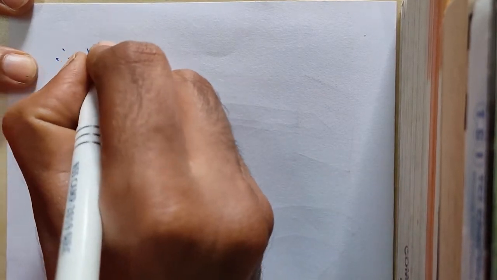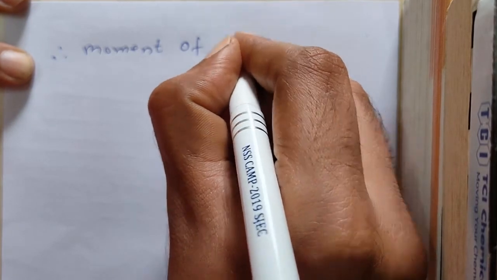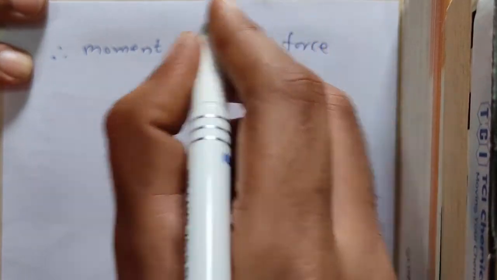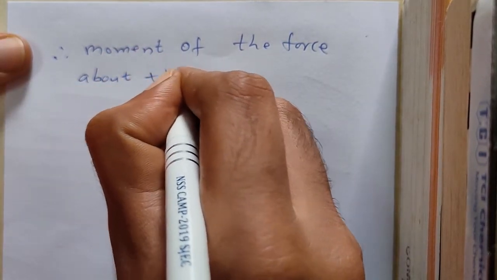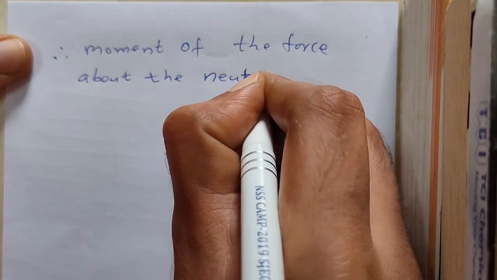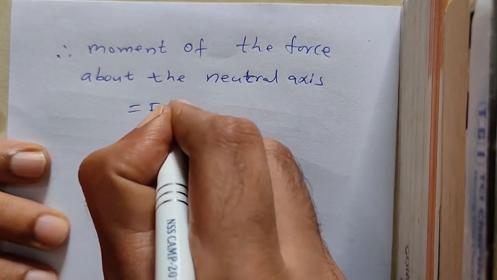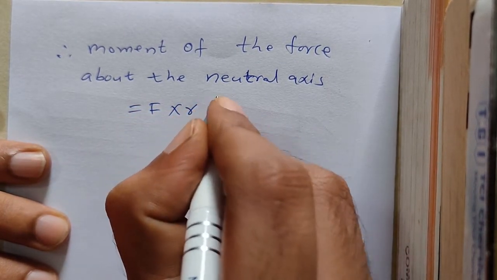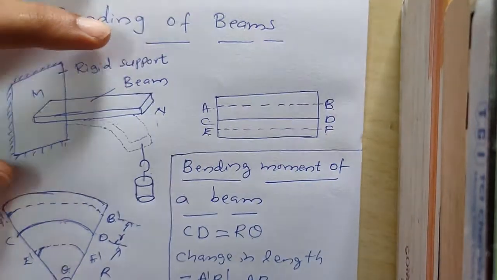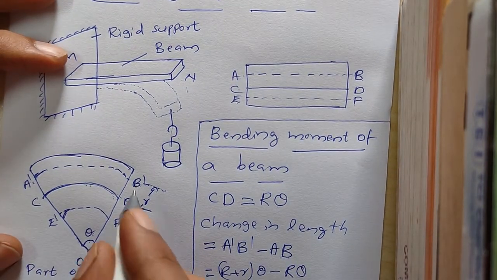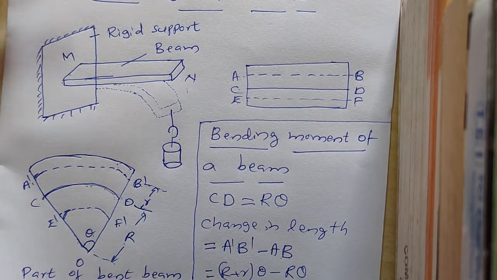Therefore, the moment of the force about the neutral axis is equal to force into r, where r is the distance from the neutral axis, small r.